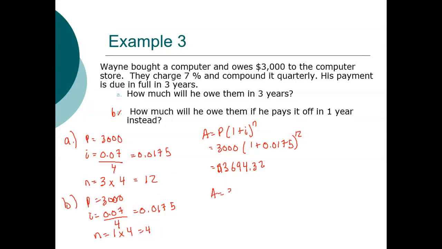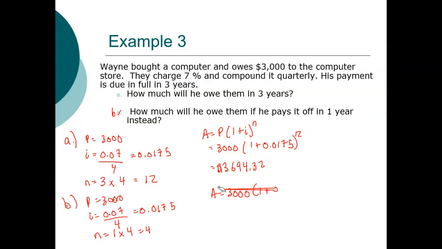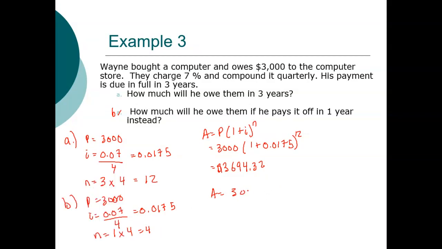So we're using the same formula. We have 3,000, my I did not change, so 0.0175 to the power of 4.